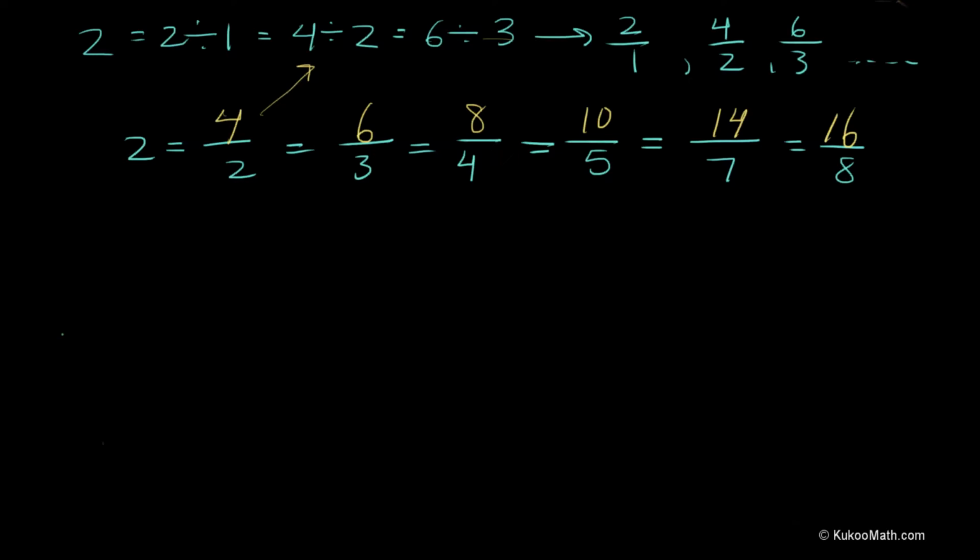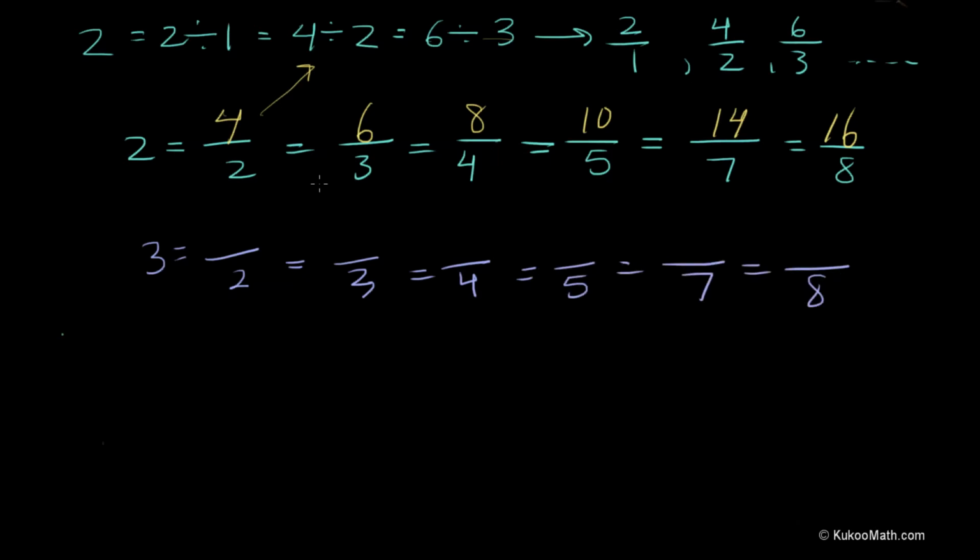What if we tried the same thing, but for the number 3? What if we wanted the same denominators, so 2, 3, 4, 5, 7, and 8, but this time we wanted the fraction to equal 3?